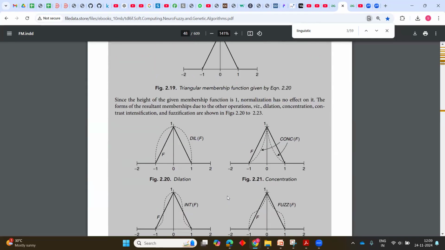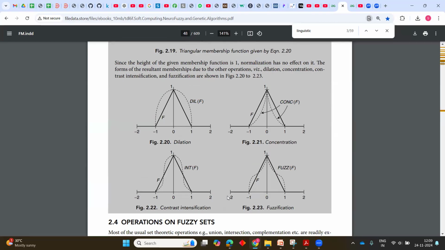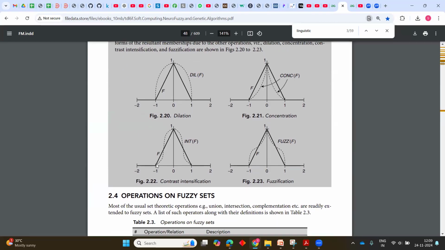And when you do contrast intensification, it will have two different shapes. For values less than 0.5, it will go inside, whereas for values greater than 0.5, it will go outside. And with fuzzification, you'll have a more pointed value when it goes towards 1. Otherwise, you'll have a flattened kind of value.